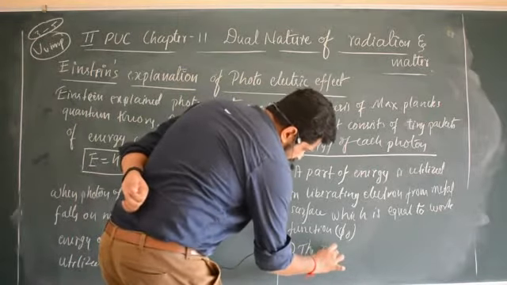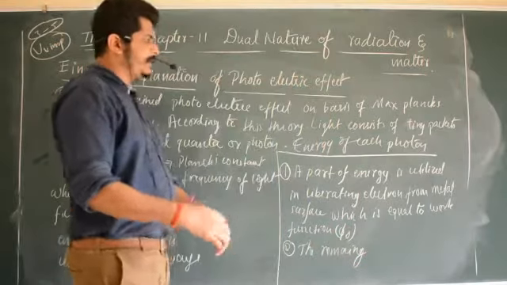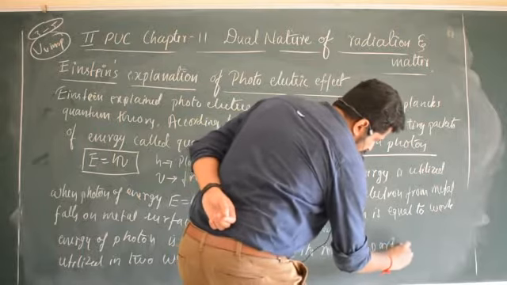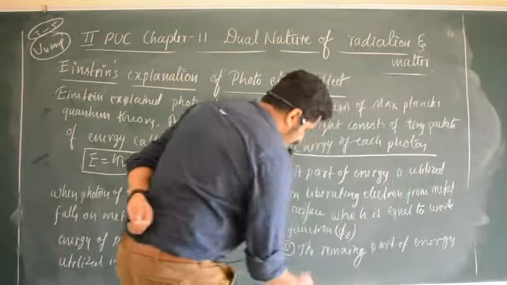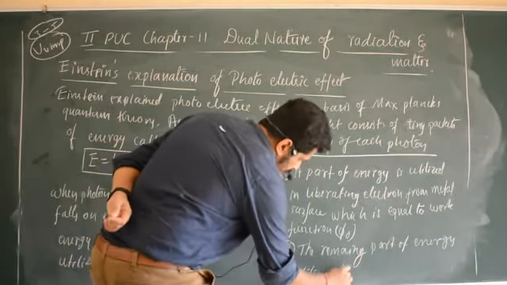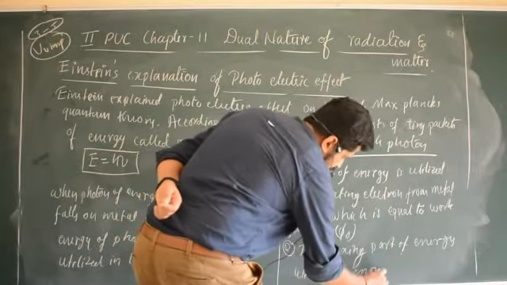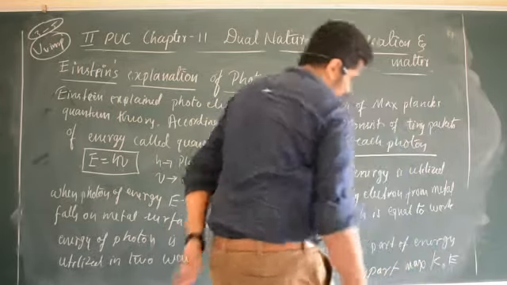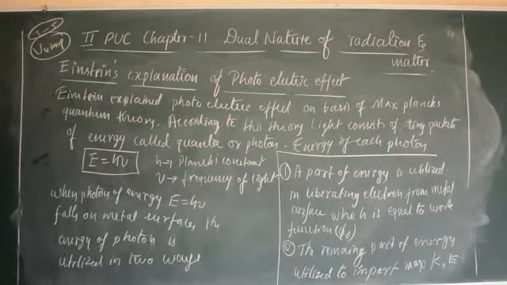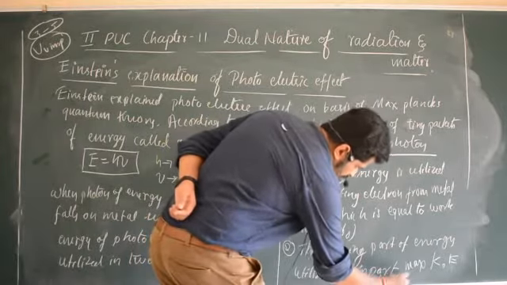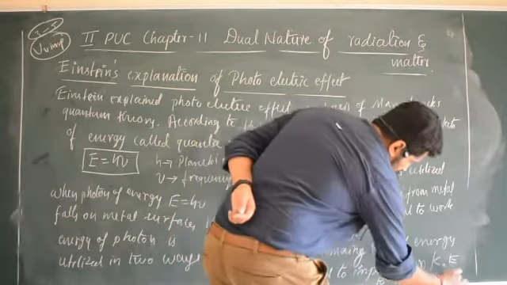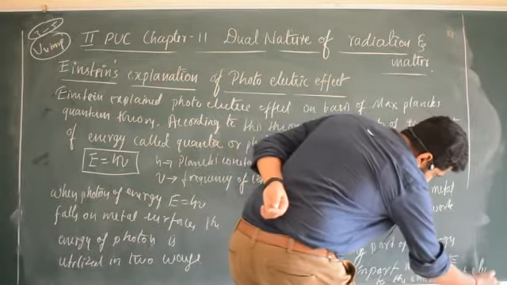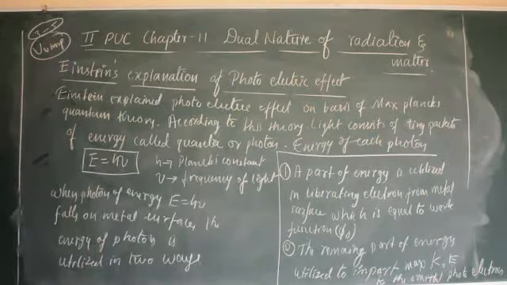The remaining part of energy is utilized to impart, it means give, maximum kinetic energy to the emitted photoelectron. Hope you can see this. You are able to read that.